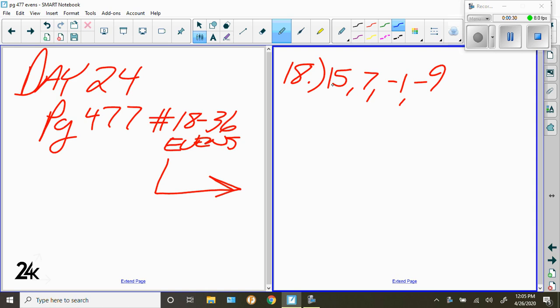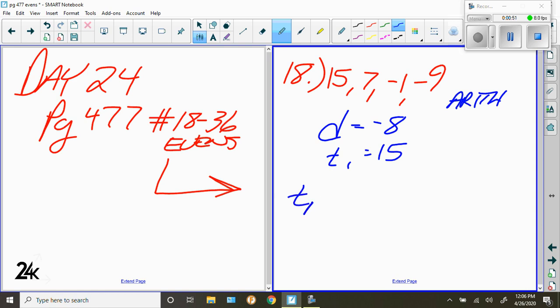All right, so this is going down by 8, down by 8, down by 8. So the difference is -8. Oh, by the way, that means it's arithmetic. First term is 15. And then you have to wonder, what's the equation for arithmetic? Oh yeah, the nth term is the first term plus n minus 1 times d.